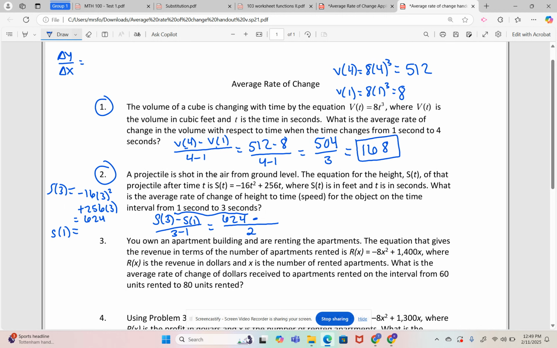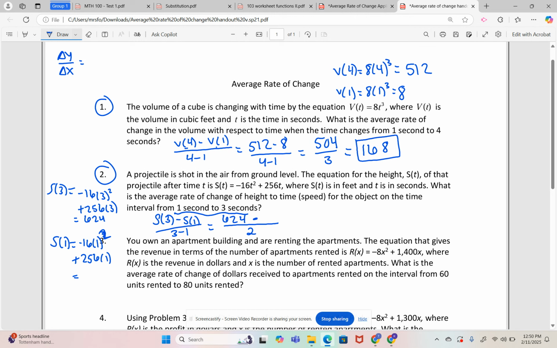minus, so now we need to find S of 1. So S of 1 is going to be negative 16 times 1 cubed squared plus 256 times 1.